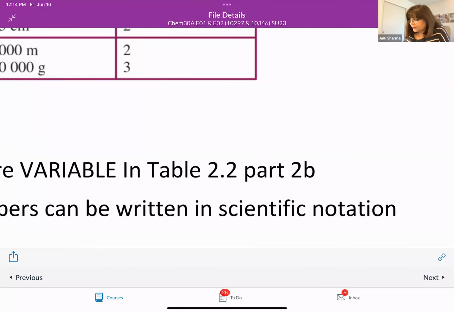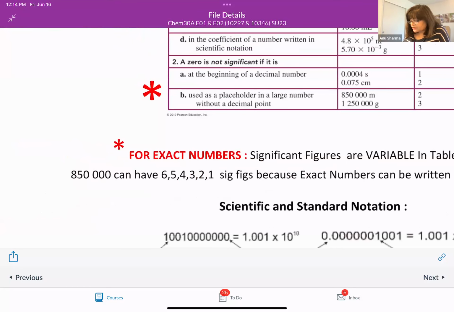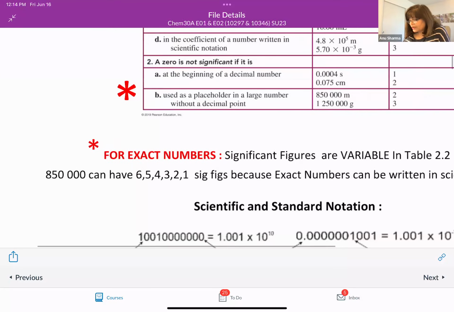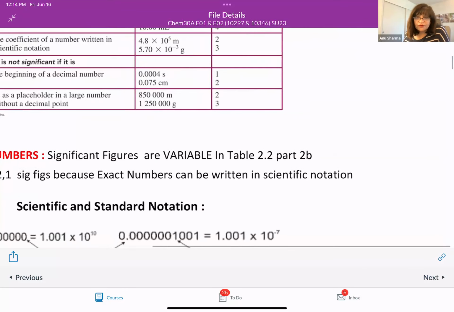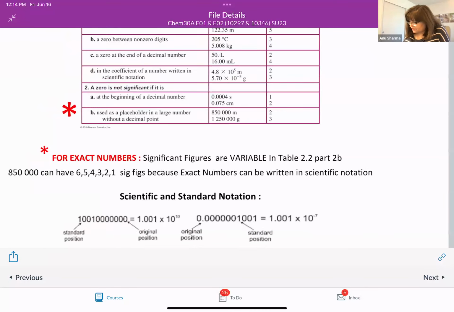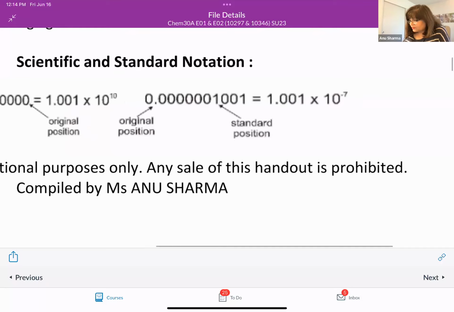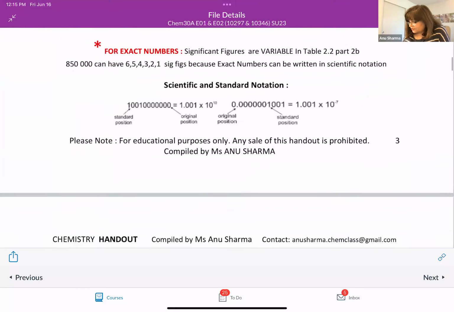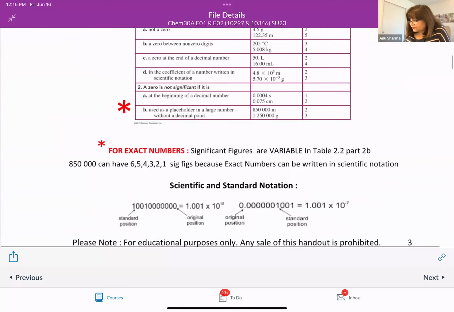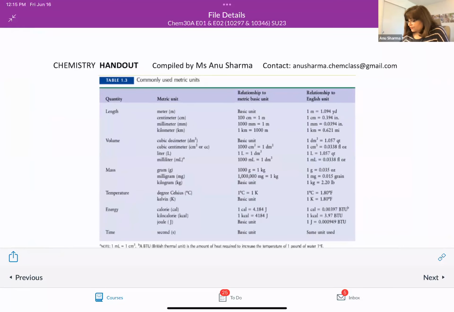In table 2.2 part 2b, this is what it is. I have explained that this can have 6, 5, 4, 3, 2, 1 significant figures, depending on the context in which you're using those numbers, and the scientific notation. Moving the decimals from the original place, all this is also given. You will be using your handout on the tests, so you should know how to access information from the tables.